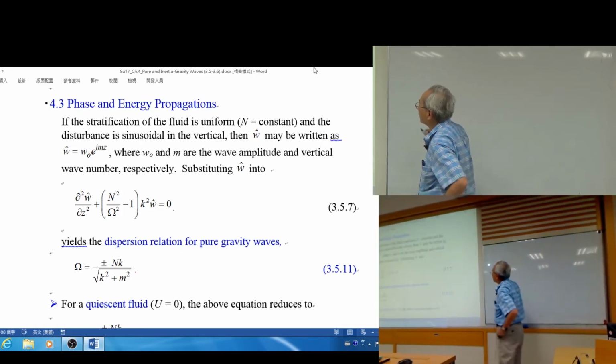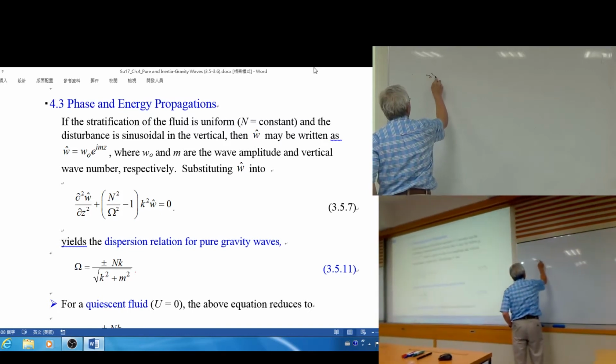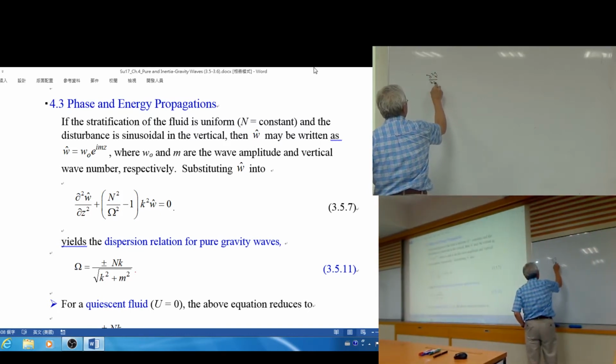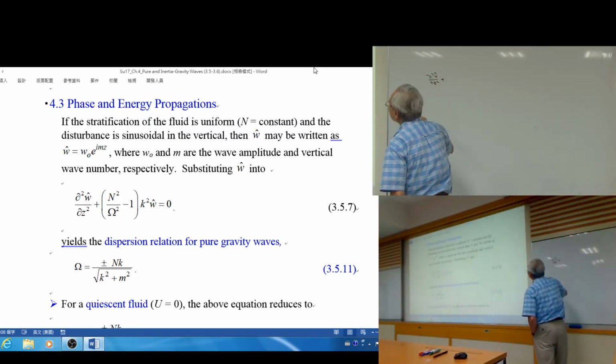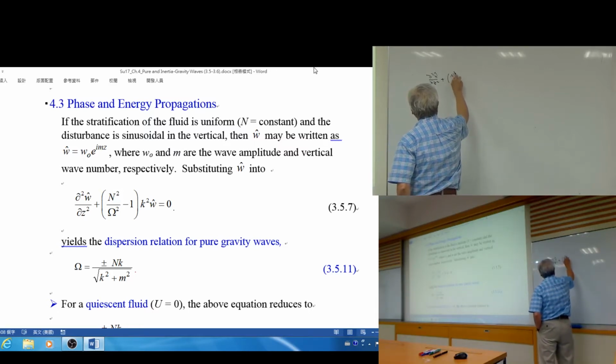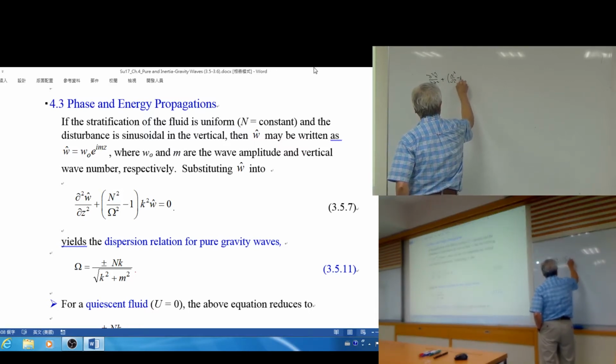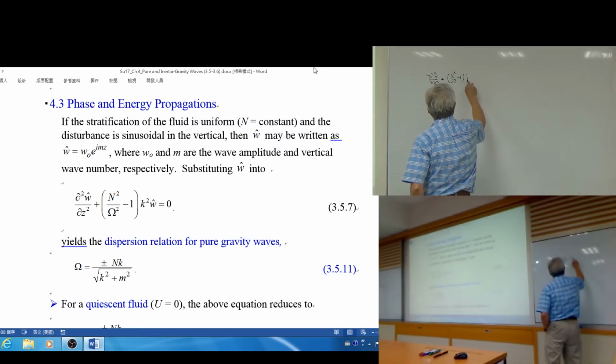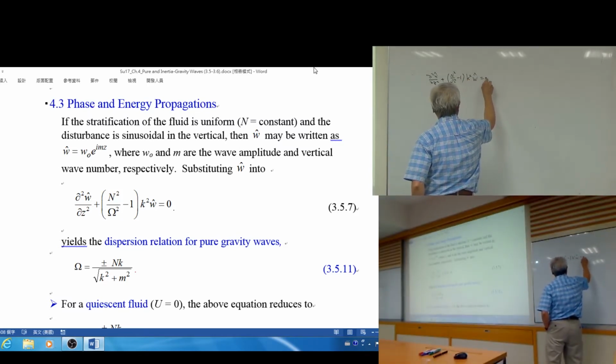Okay, so we have d squared W hat over dz squared plus N squared over omega squared minus 1 times k squared, times W hat equals 0.